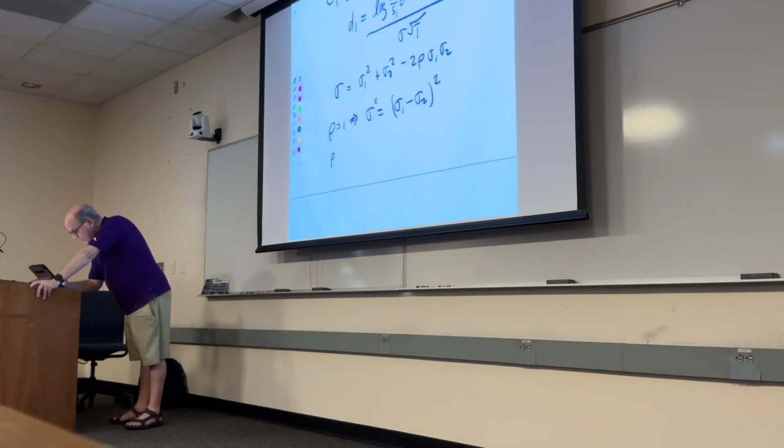Rho is equal to -1, sigma squared equals sigma 1 plus sigma 2 squared, and then rho is equal to 0. The sigma squared is equal to sigma 1 squared plus sigma 2 squared.